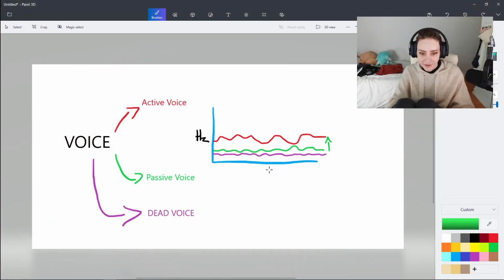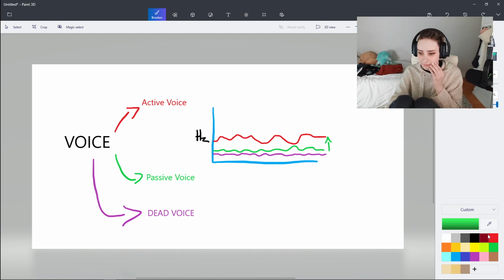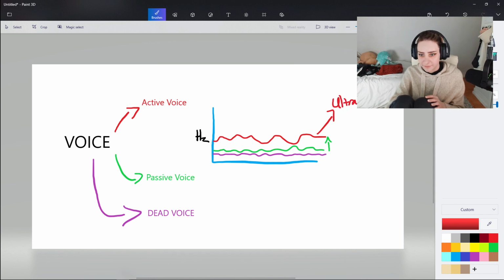I think the idea is, if we go back here, if you look at these charts, we can say that this here is ultra femme, and we'll say this here is masc.